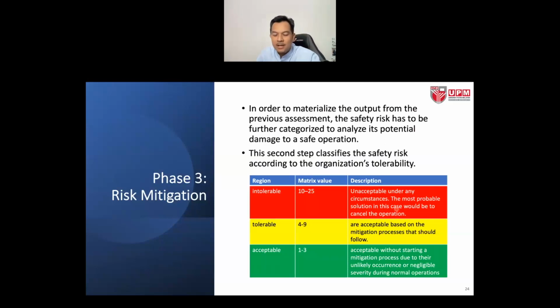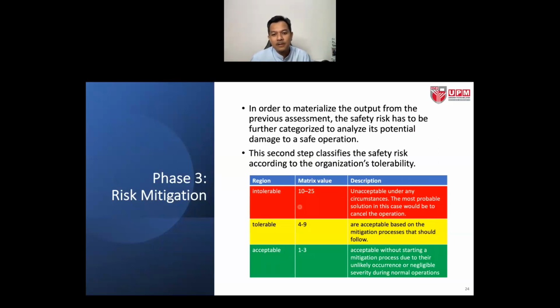So there are many decisions that need to be made to cancel the operation. For example, a flight from Kuala Lumpur to Melbourne, and suddenly along the way there's some damage, or the pilot detected some errors in the operation of the engine.